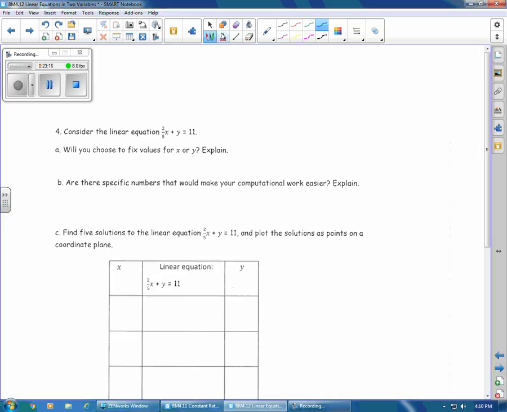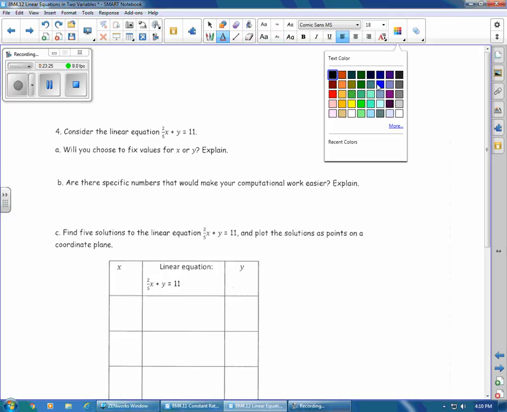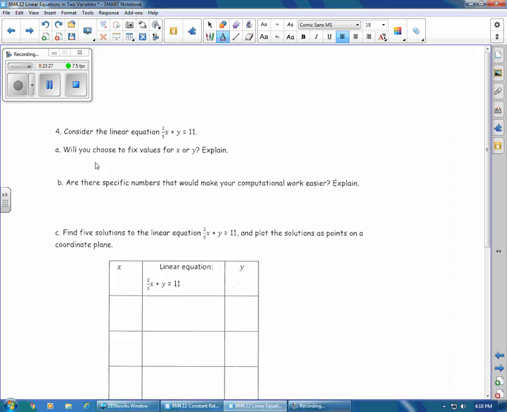I would choose the x because it has that 2/5 next to it, and if I choose values for the x, I can multiply that and possibly even remove that fraction so I don't have to deal with the fraction, and then I can solve for y pretty easily because the y is by itself. So I'm going to choose to fix x because I can do the multiplication.